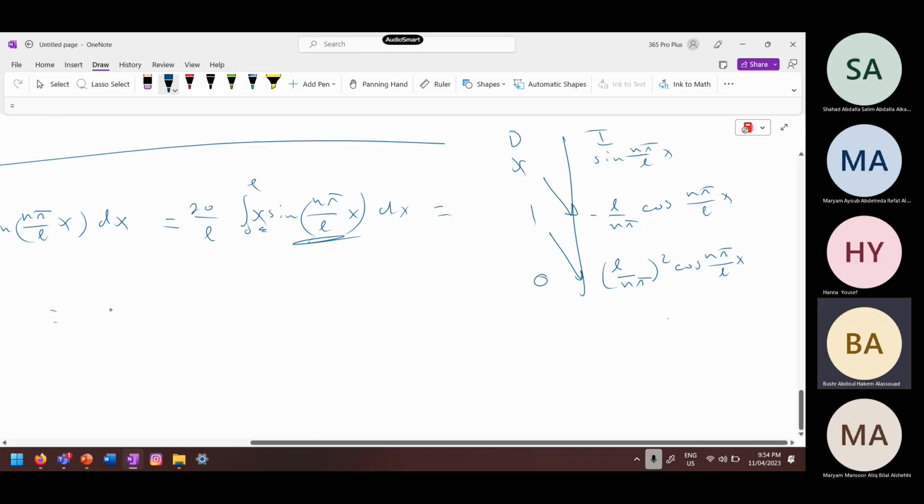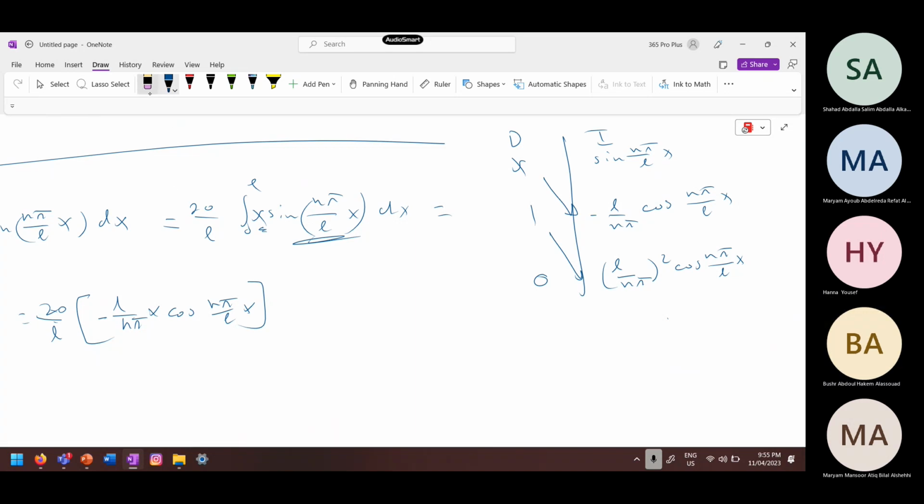This will give you the value of negative L over n pi x cosine n pi over L x. There's a negative here. Minus, positive here, L over n pi squared sine.